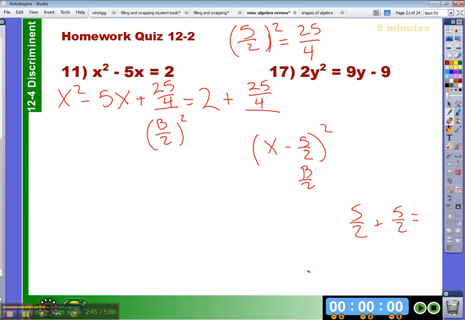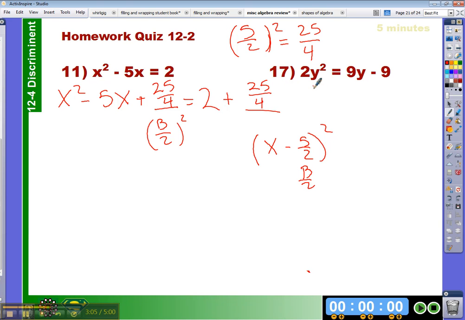So let's keep going. When I'm adding 2 and 25 over 4, what do I need to have? Common denominators. So what is 2 in terms of fourths? 8 fourths.